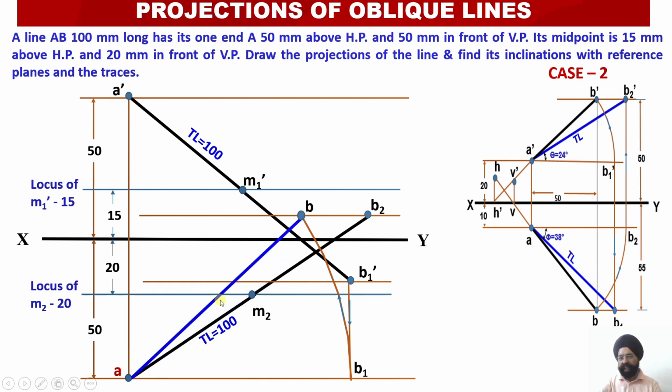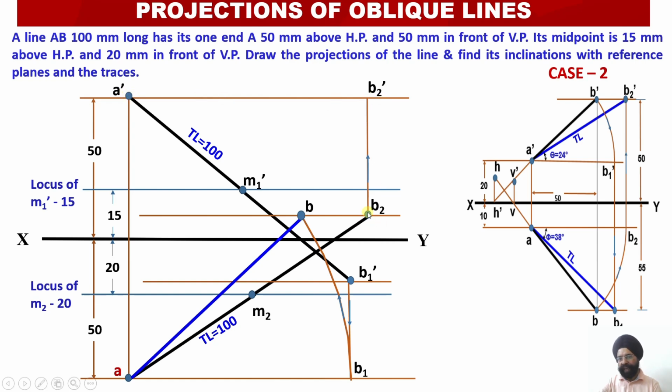Once I join A with B, I can mark this angle as beta. Similarly, now the second proposition over here, true length in the plan is available. True length in the plan will be possible when my apparent length in elevation is parallel to the horizontal plane.